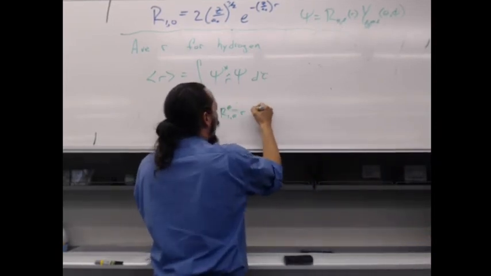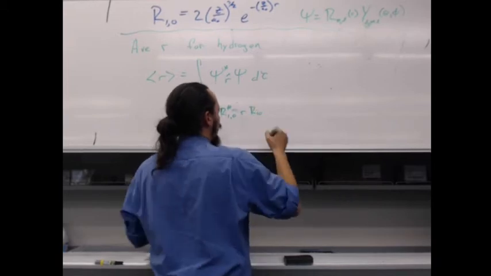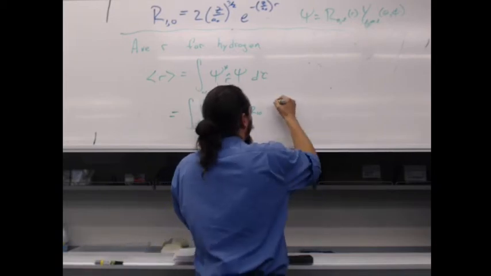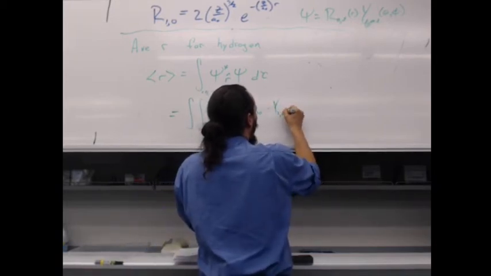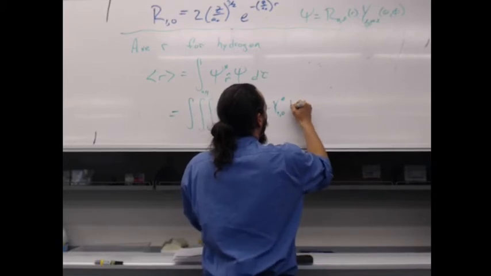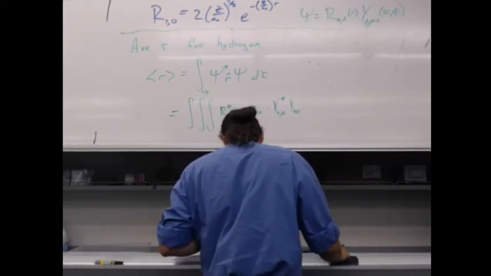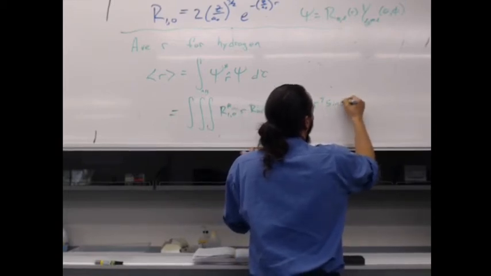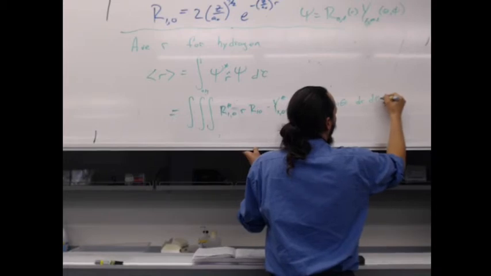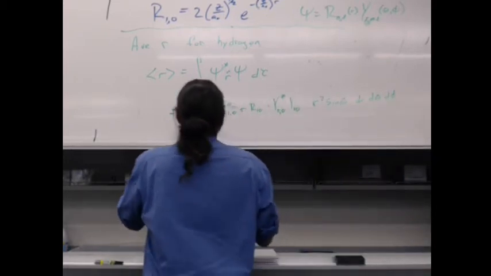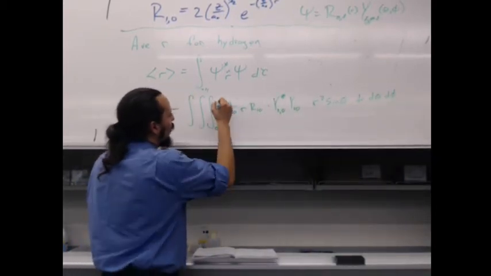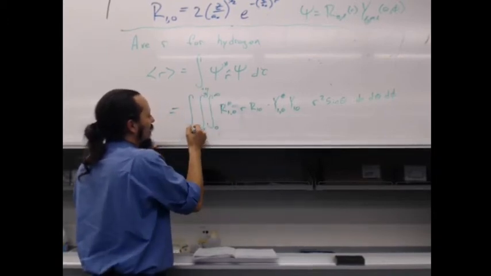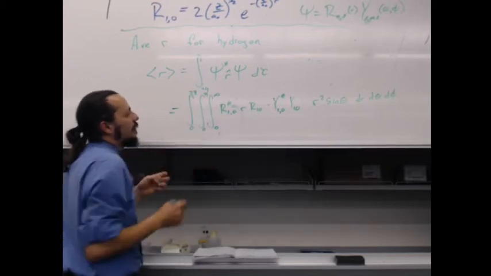R10 star R R10 times Y10 star Y10 R squared sine theta dr d theta d phi. dr is on the integral from 0 to infinity, d theta is 0 to pi, and d phi is 0 to 2 pi.